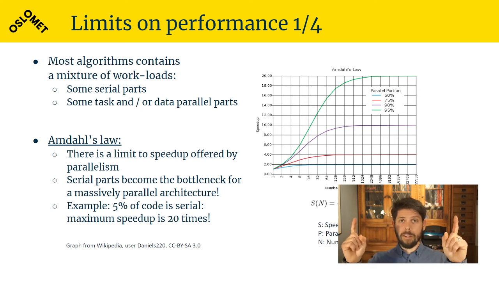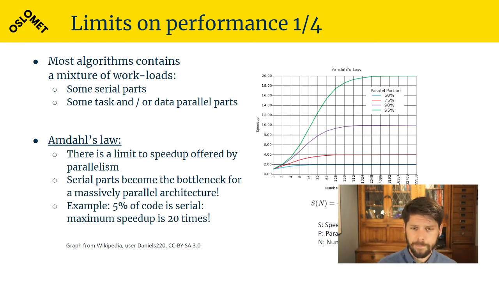So if your algorithm takes this long, and the 5% is this small section over here, what you do with your super fast computer is that you're removing all of your parallel sections, so that takes 0 time, but it doesn't change the serial section. So the most you'll get is a 20 times speed up. That's essentially Amdahl's law. Now, that's kind of pessimistic.